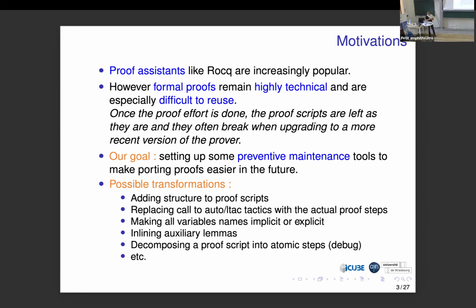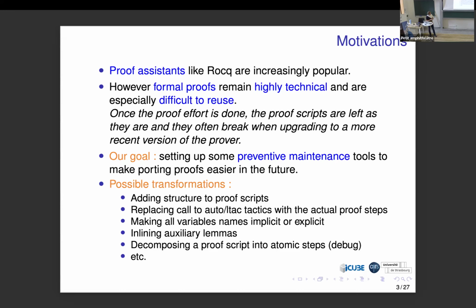So there are several transformations that we think would be interesting and that we studied. The first one is about adding structure to proof scripts in the Rocq proof language, using brackets, using bullets, and this kind of stuff.